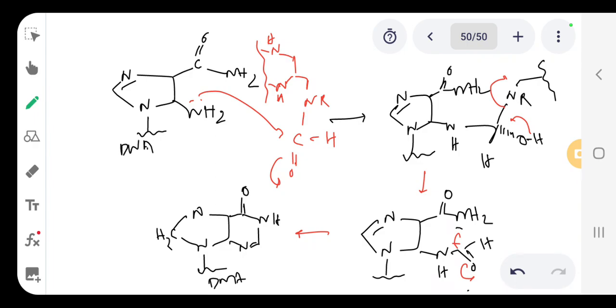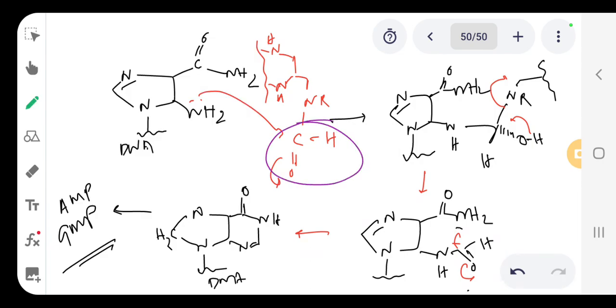So this will give us adenosine monophosphate or guanosine monophosphate. It will give rise to this, and here also you can see this actually giving rise to this, then this carbon and that carbon actually helping us in development of this C carbon, and this is coming from the folic acid.